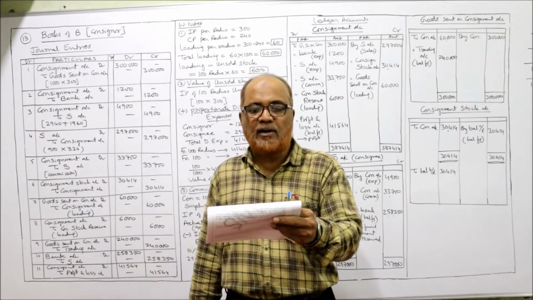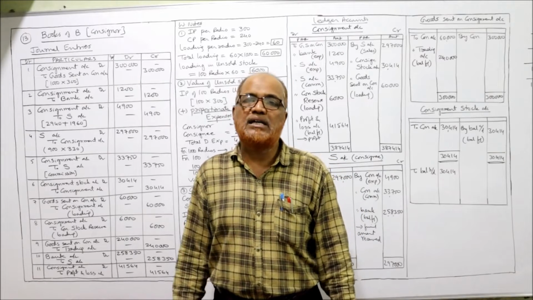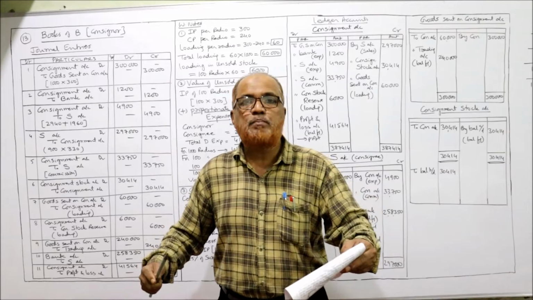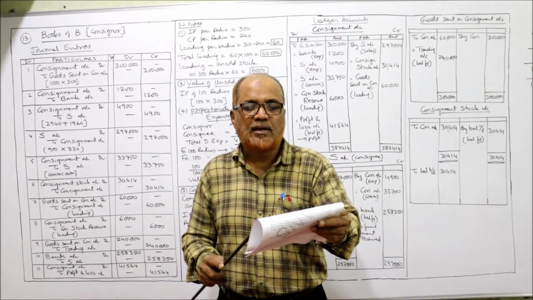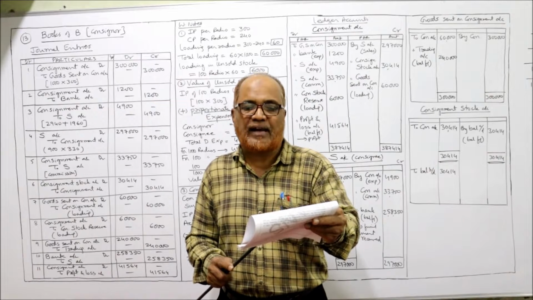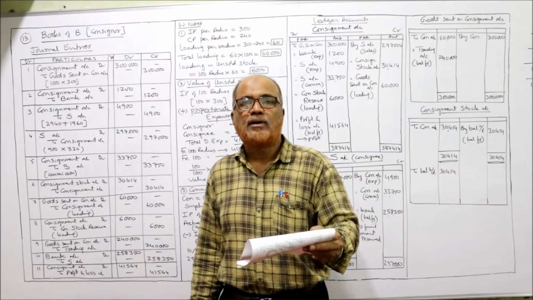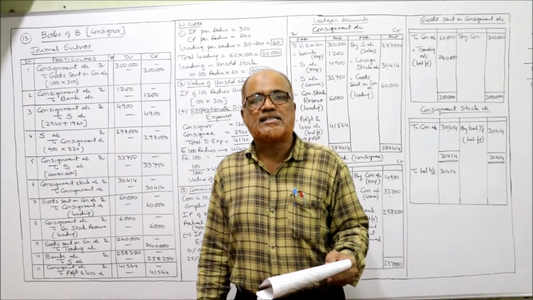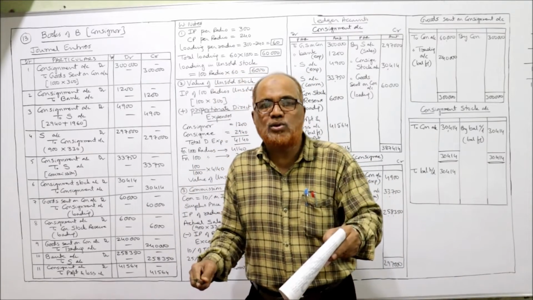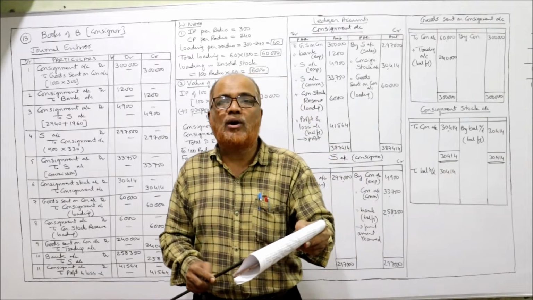B spent 1200 rupees towards forwarding and insurance charges. B is the consignor, so the consignor spent the expenses 1200. S received the consignment and paid 2940 towards freight and 1960 towards other selling expenses. S is the consignee. So after receiving the goods, the consignee has spent 2940 on freight.